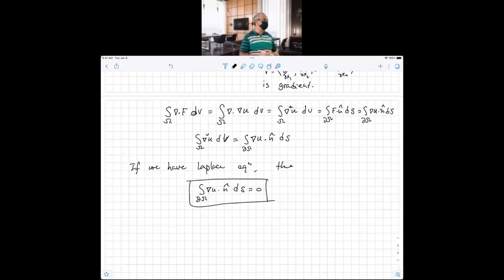In order for a solution of the Laplace equation to exist, that condition must be satisfied.